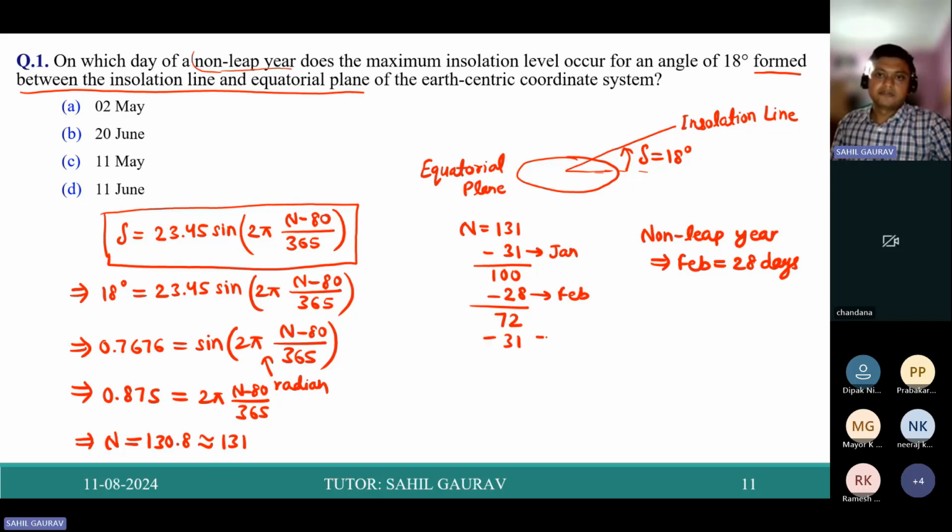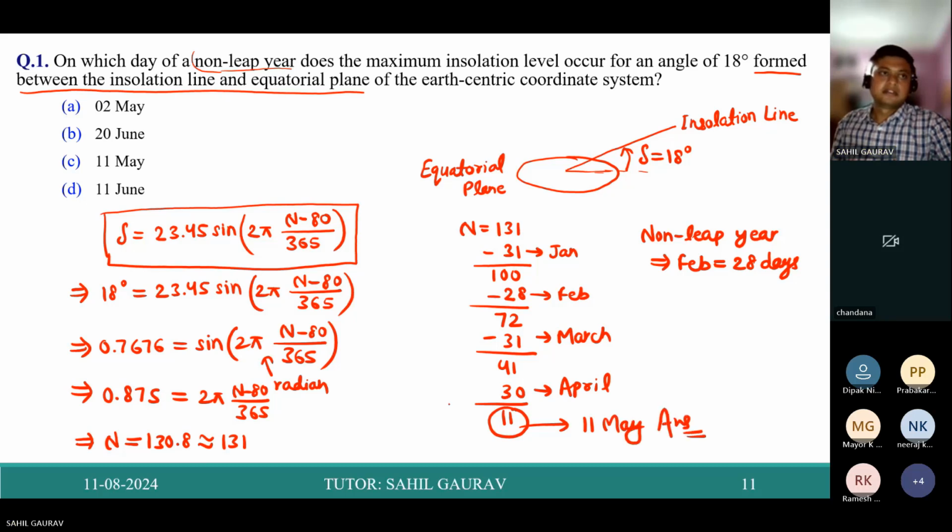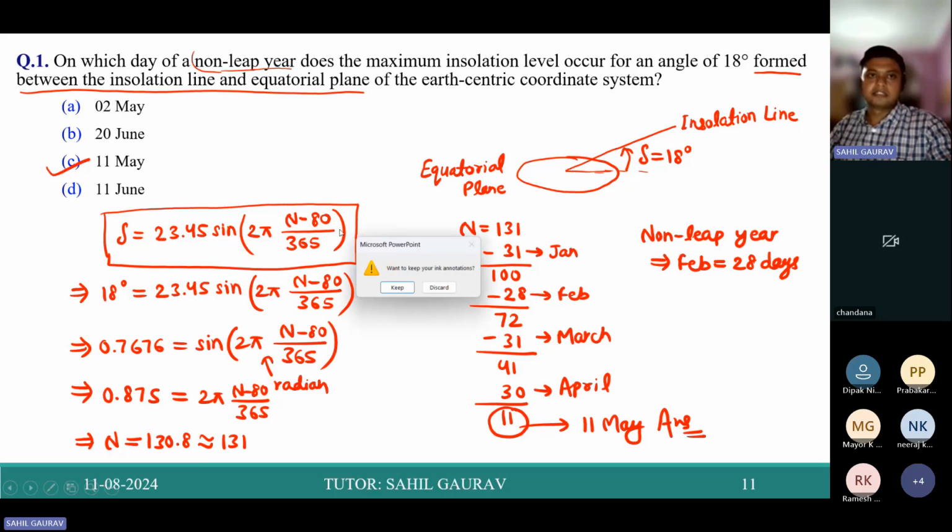Again subtract 31 for March, we get 41, and upon subtracting April we get 11. So this denotes 11th of May. The correct answer is 11 May. So any doubt?